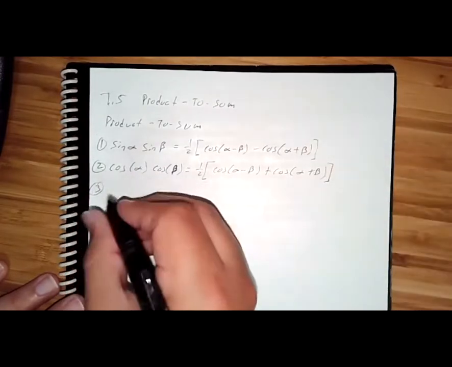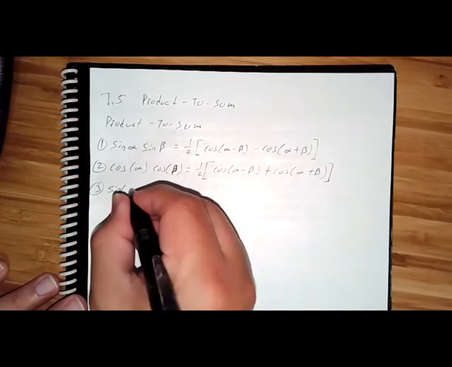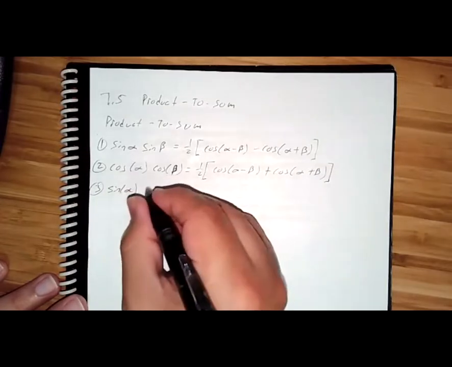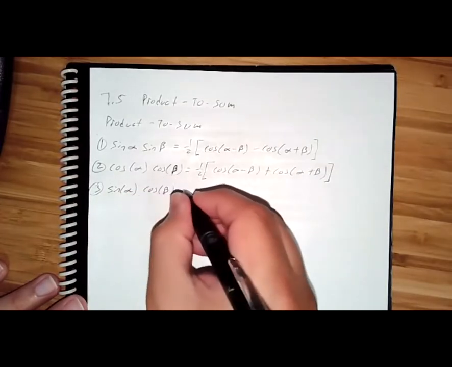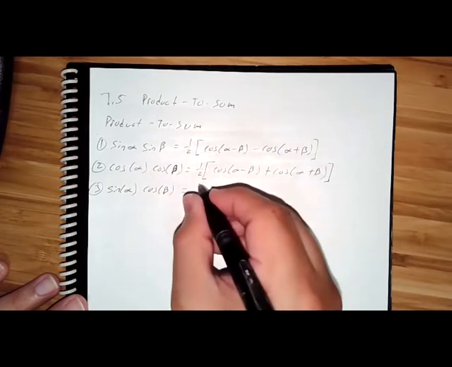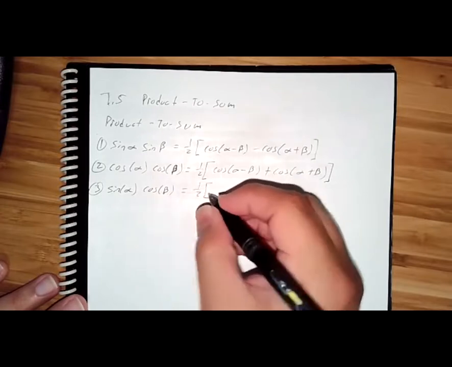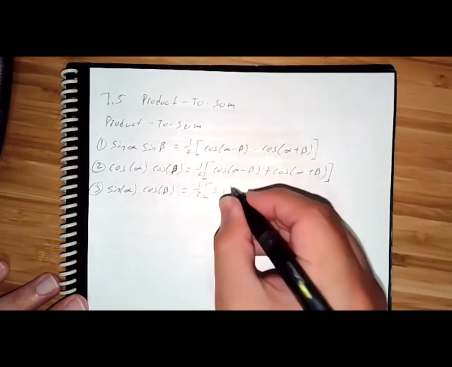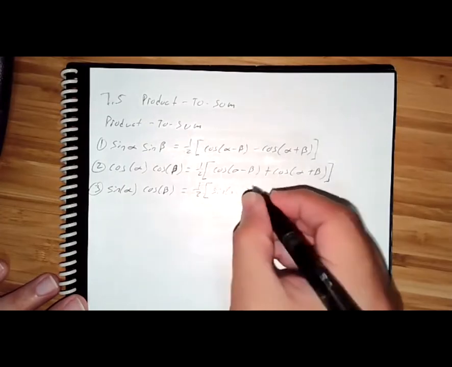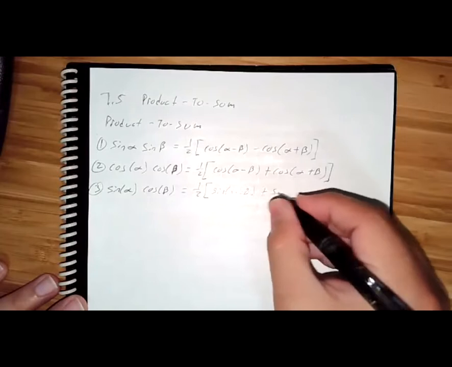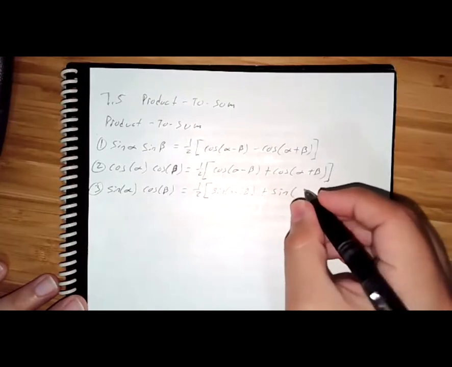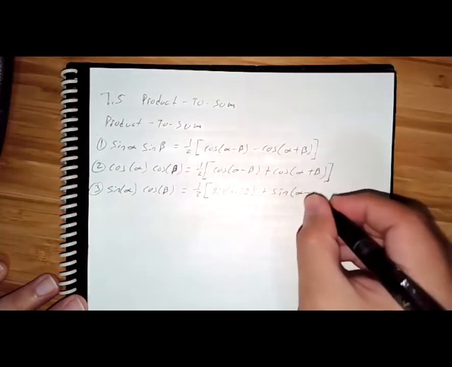Number three, sine alpha times cosine beta is equal to 1/2 sine alpha plus beta plus sine of alpha minus beta.